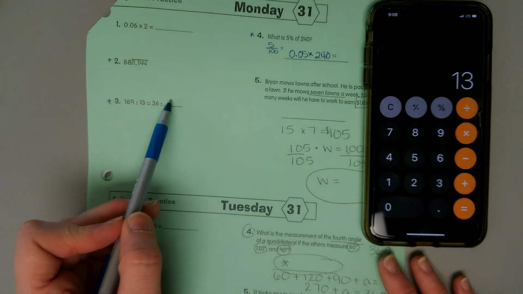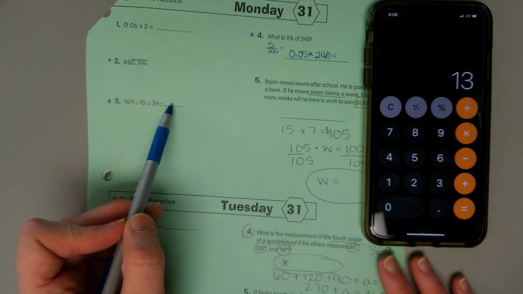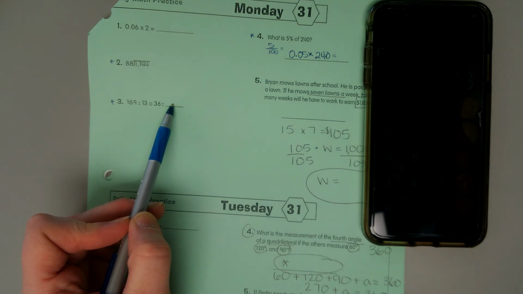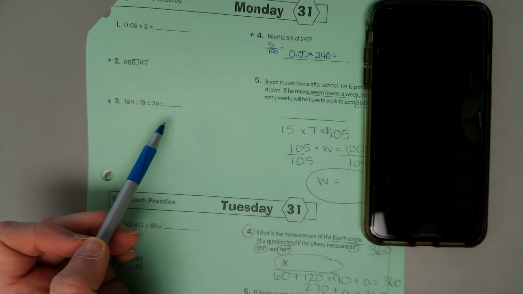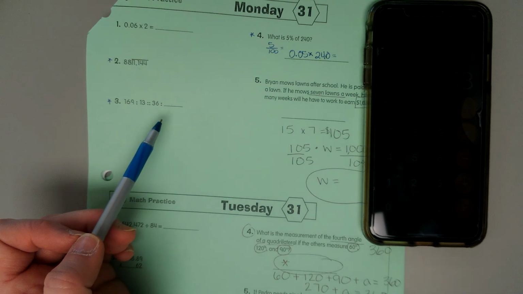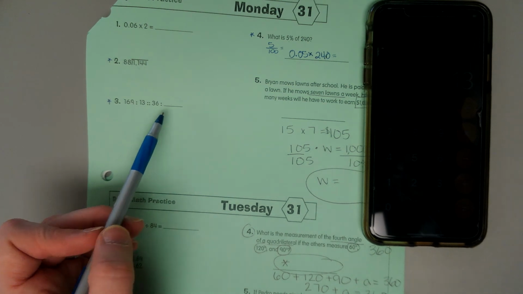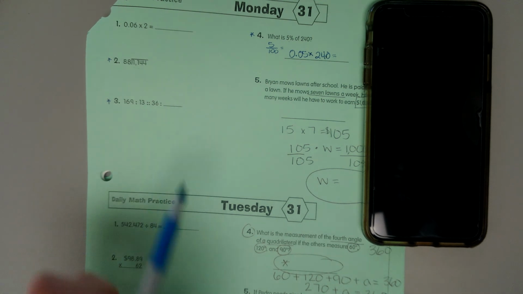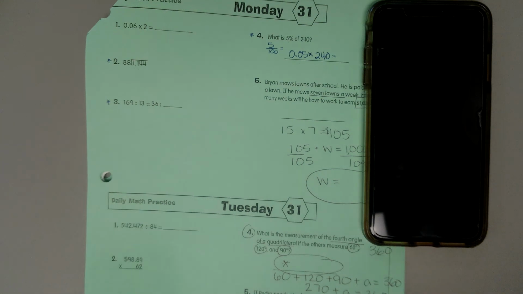I don't know how to give you an example without giving you the answer, but 36 divided by some number is going to equal that same number. So that's how you would find that one.